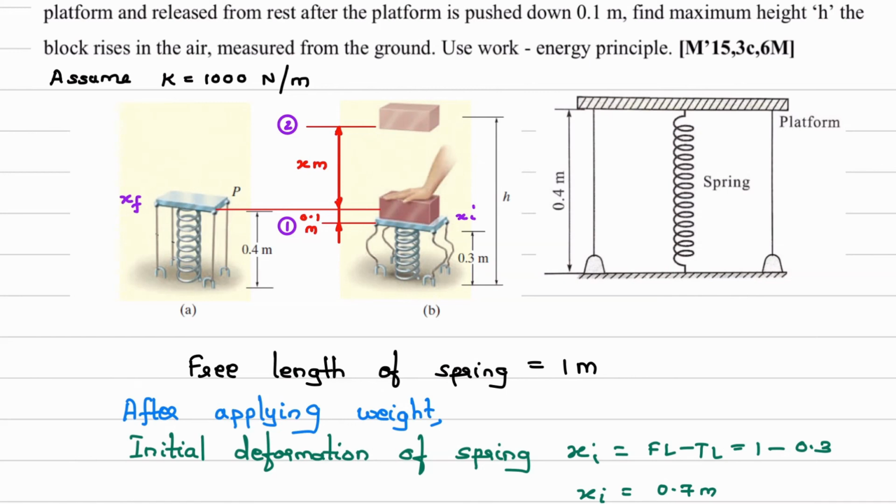Okay, so I'll write down spring force. Now initial position, this will be xi, I have written here, and this will be xf, and these values we have already calculated. Note that 0.3 meter is not xi. Okay, and 0.4 meter is not xf. Okay, we have calculated these values.